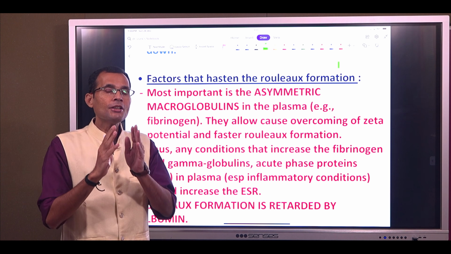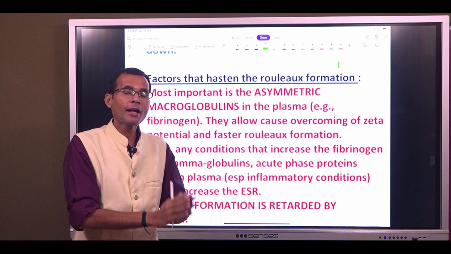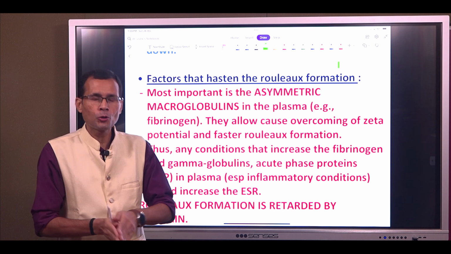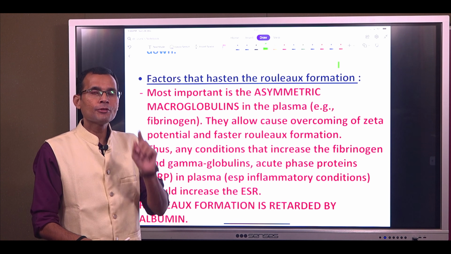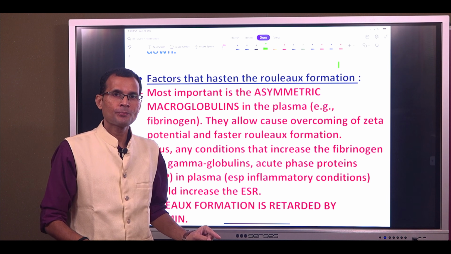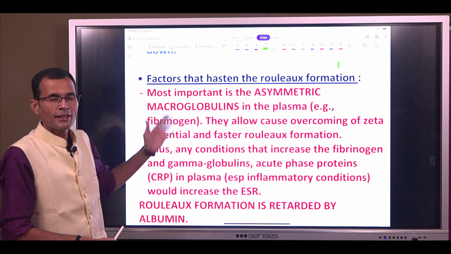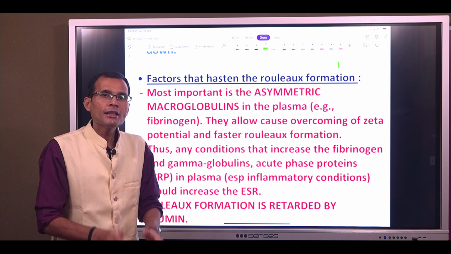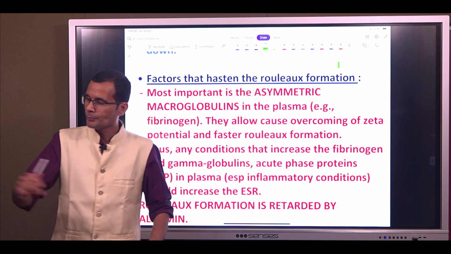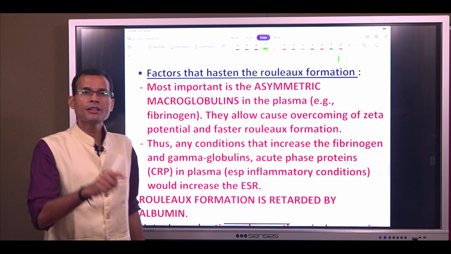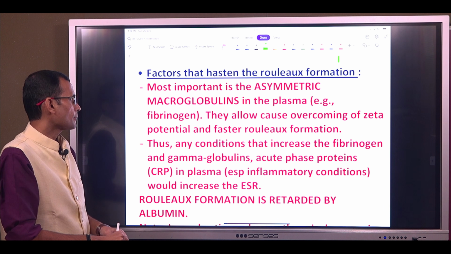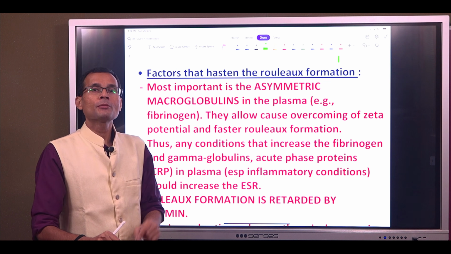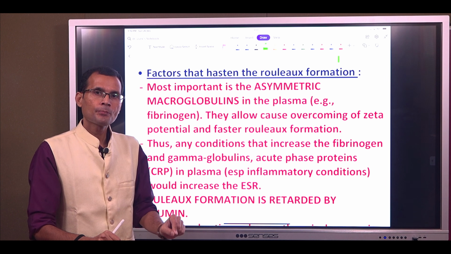If there are increased asymmetric macromolecules or macroglobulins in the plasma, they are the ones which will hasten the rouleaux formation. And if the rouleaux formation is hastened, ESR will increase. So remember, any condition that increases these asymmetric macroglobulins in the plasma, most important being fibrinogen.